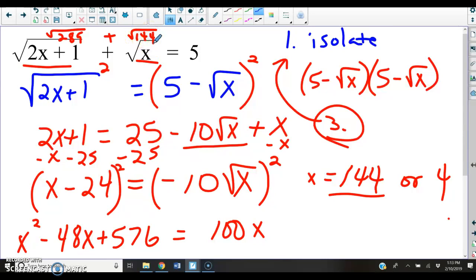And I'm sorry, 17 plus 12 does not equal 5. So 144 is extraneous. Okay? Check the 4. This would become the square root of 9. 8 plus 1 is 9. Square root is 3. And that's not switching. 3. And the square root of 4 is 2. 3 plus 2 is 5. 4 does work.